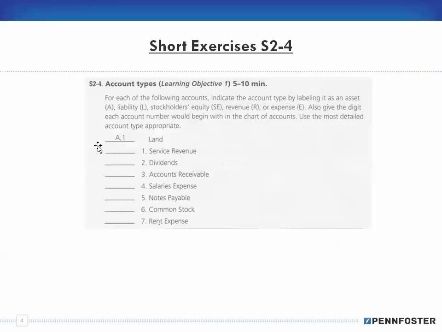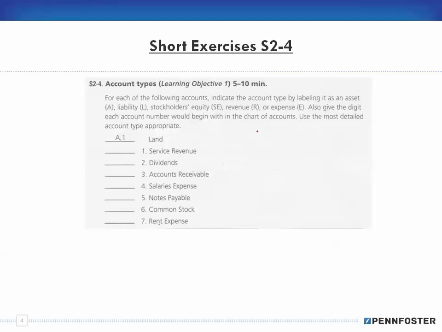2-4. For each of the following accounts, indicate the account type by labeling it as an asset, liability, equity, revenue, or expense. Also give the digit each account number would begin with in the chart of accounts. Use the most detailed account type appropriate.